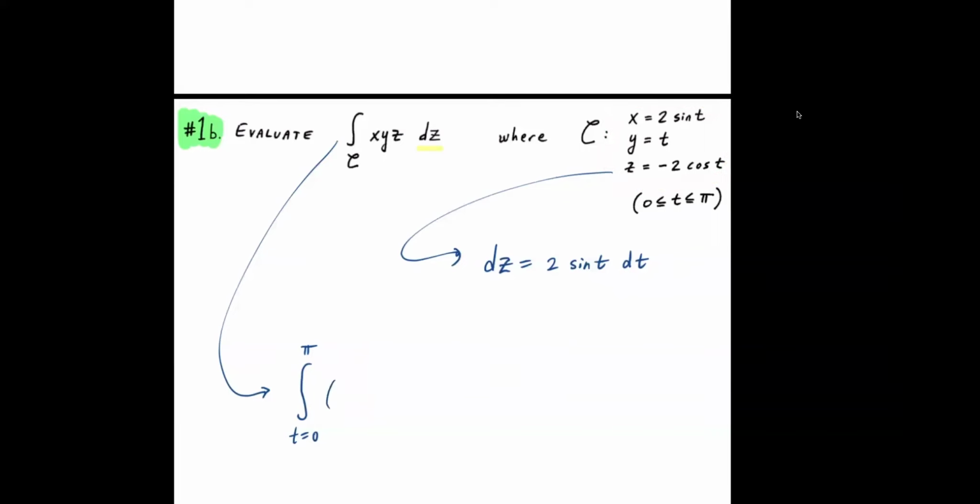So we have 2 sine t for x, y is equal to t, z is minus 2 cosine t, and dz is 2 sine t dt. And that's basically it, apart from just doing the final integral calculation, which I'll leave to you. Grab your computer, grab a cup of coffee, whatever method you want to use, and then you evaluate that integral.